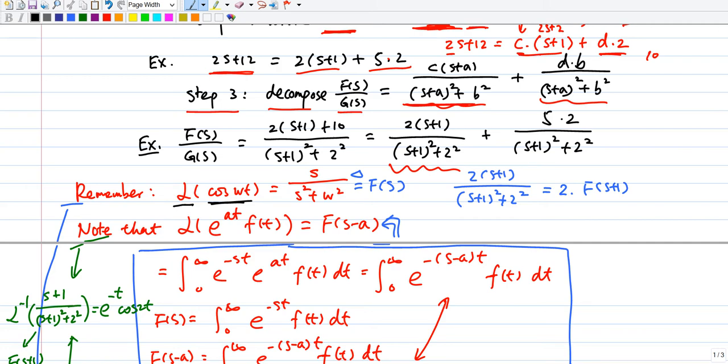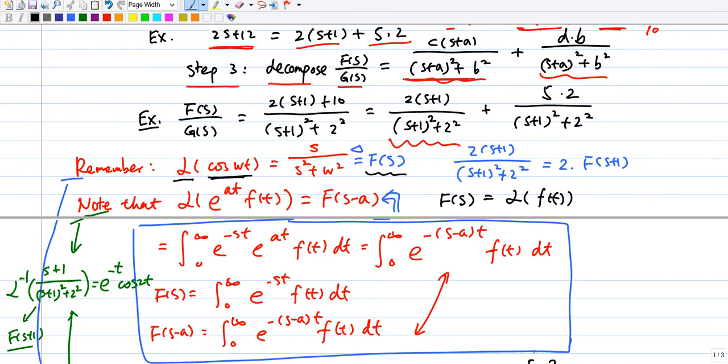Let's say this is F(s), some function here. Also note that L of e^(at) times f(t) is F(s minus a). Here F(s) is L of f(t). I'll talk about why that's important.